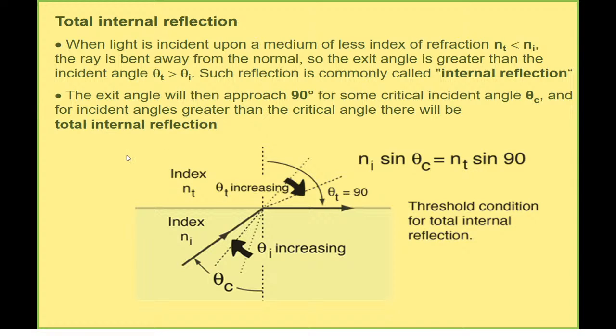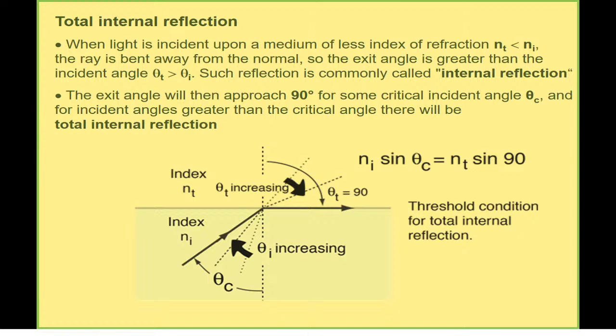So, when light is incident upon a medium of lower index of refraction, so this index of refraction Nt is less than this Ni, the ray is bent away from the normal. You can see, away from the normal. So the exit angle is greater than the incident angle. The angle of refraction is greater than the angle of incidence.